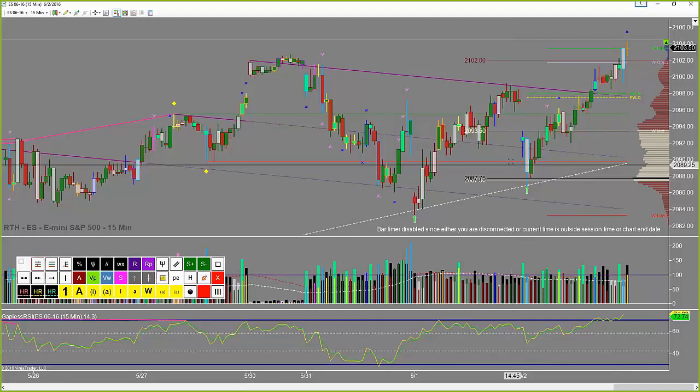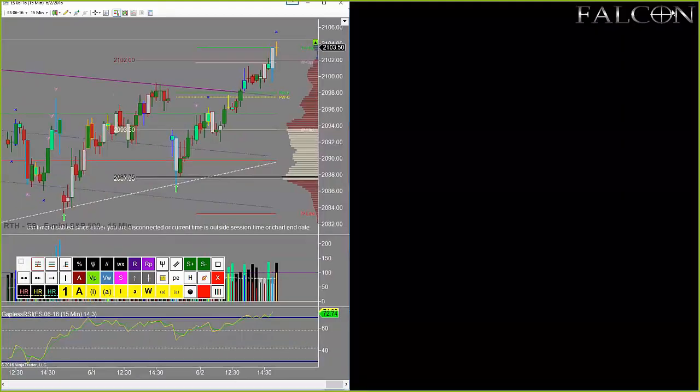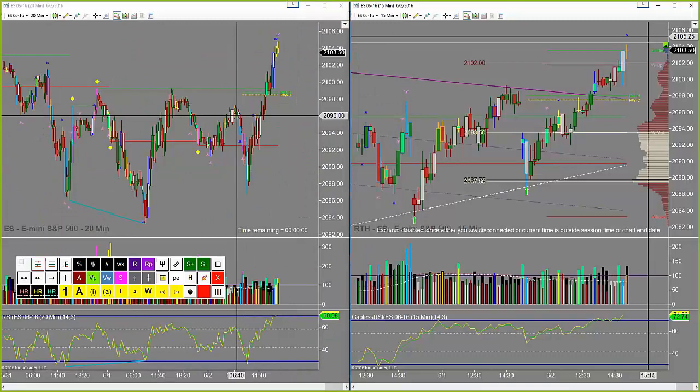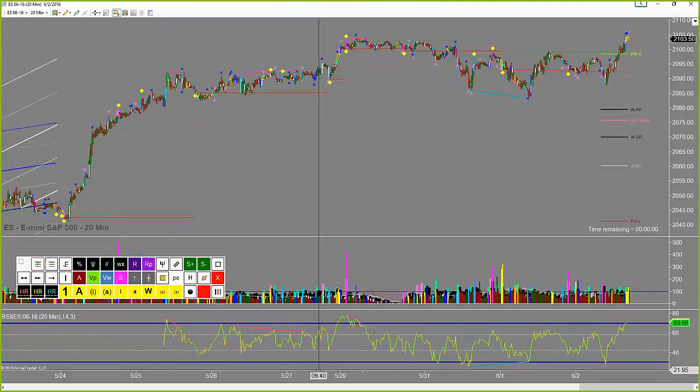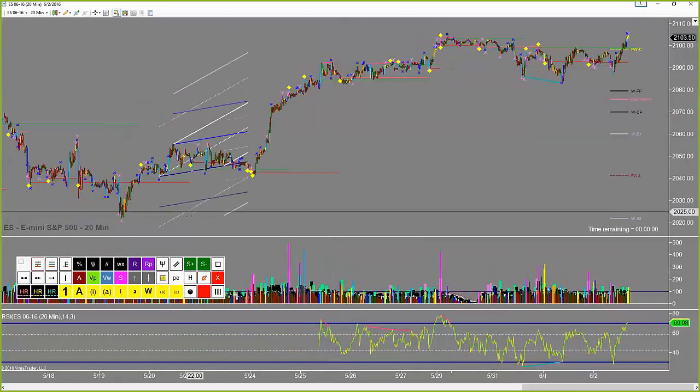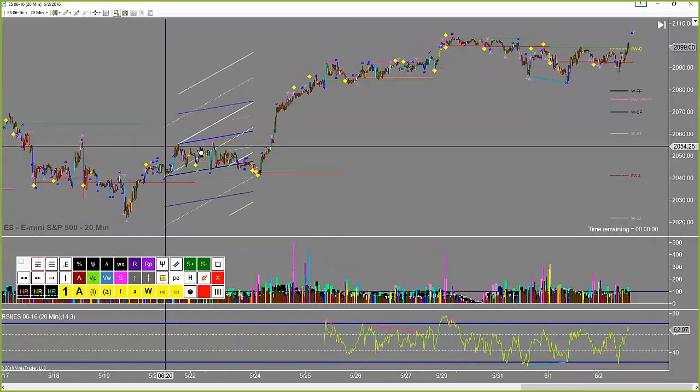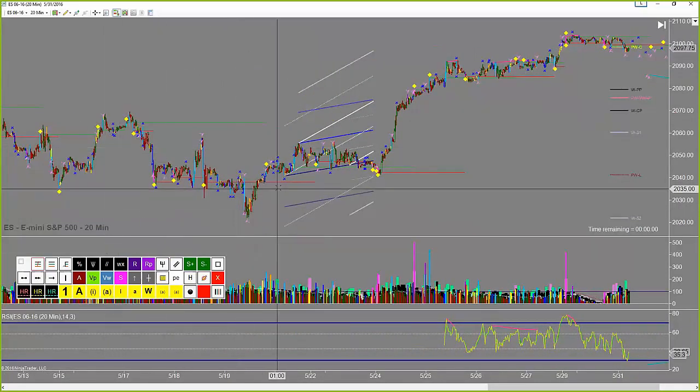So on the ETH, you had a midline there as well, which was from high to high.